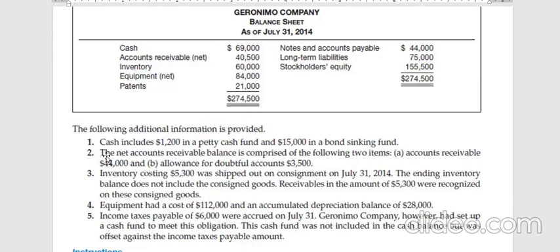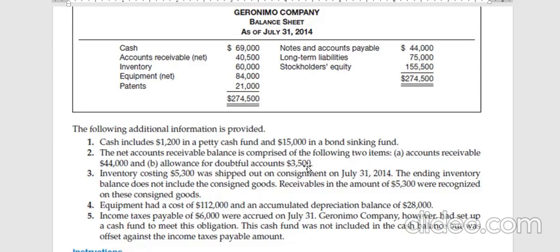Number two, the net account receivables balance is comprised of the following two items. This 40,500 comprises two items. One, account receivable of $44,000. And the second is allowance for doubtful account of $3,500.